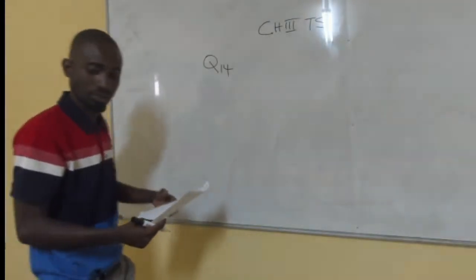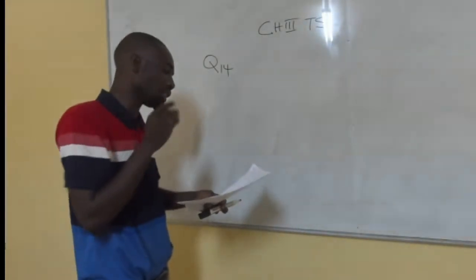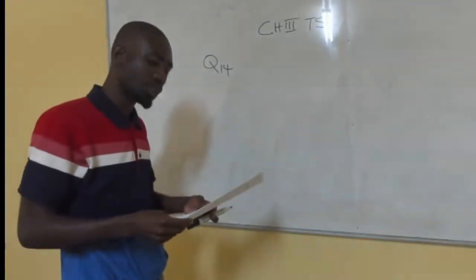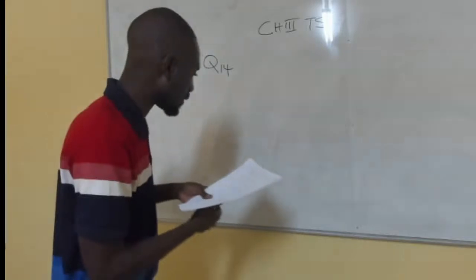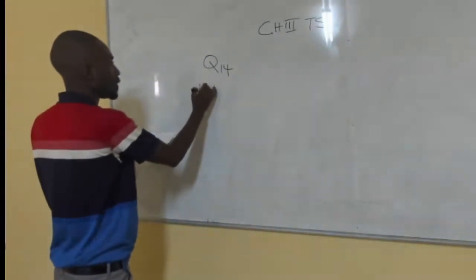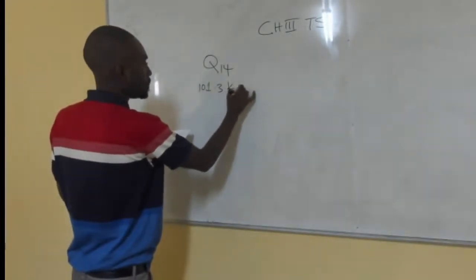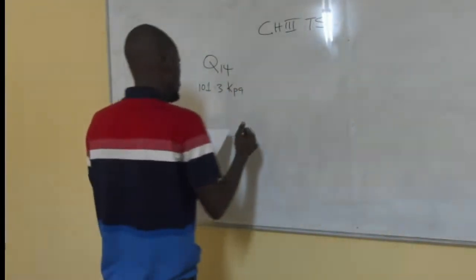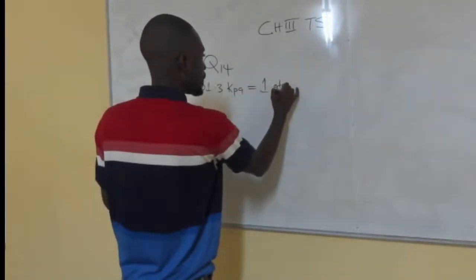Question 14. They wanted you to find the temperature, and you convert it to degrees Celsius. They gave you something like 101.3 kPa, which equals 1 atmosphere.